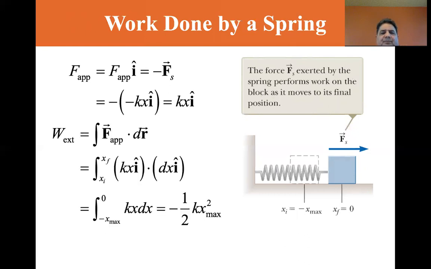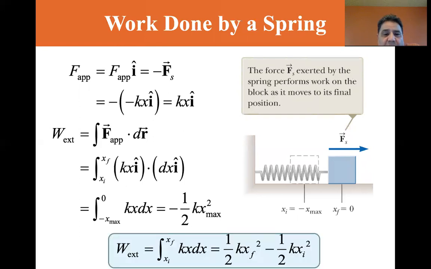So the work is equal to F applied dot dr, which is the integral from x initial to x final of kx i times dx i. So that's the integral from minus x max to 0 of kx dx. And again, we have minus 1/2 kx max squared. And so the work is equal to the integral from xi to xf of kx dx, which equals 1/2 kx final squared minus 1/2 kx initial squared.